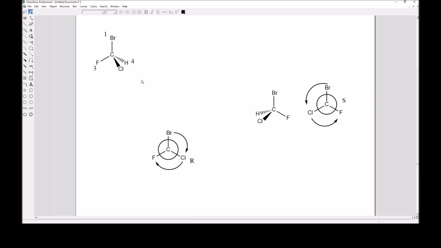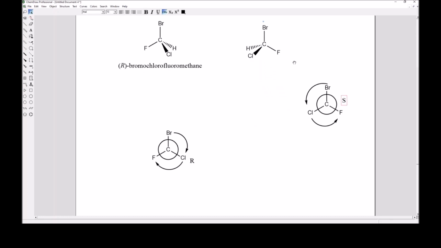And in the nomenclature, we just write that label out in front, italicized and in parentheses. So there is the name of this compound. It's R-bromochlorofluoromethane, and this is its enantiomer, which is S-bromochlorofluoromethane.